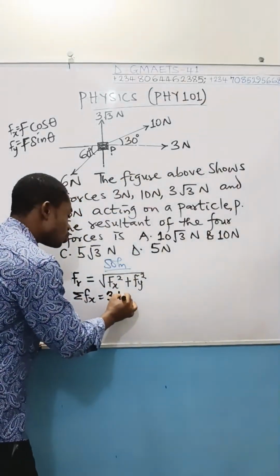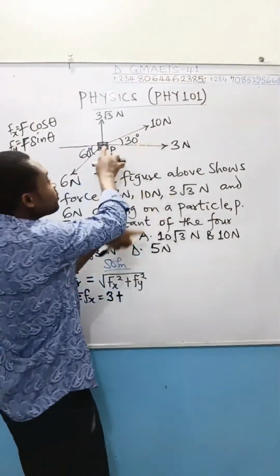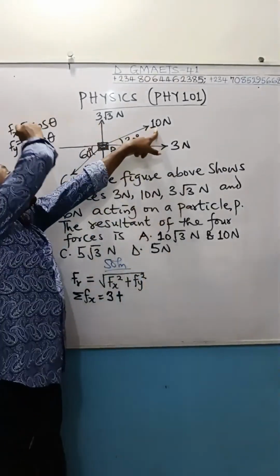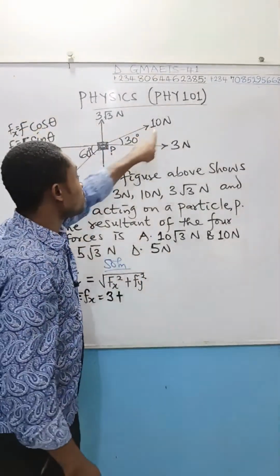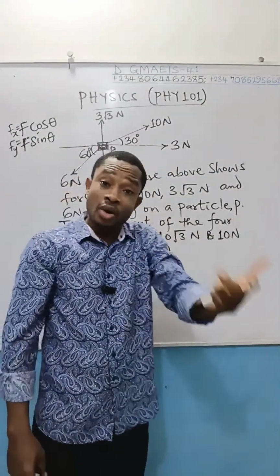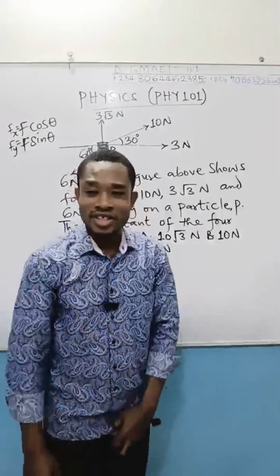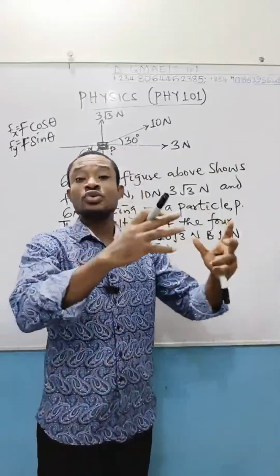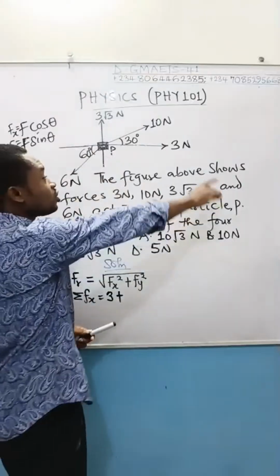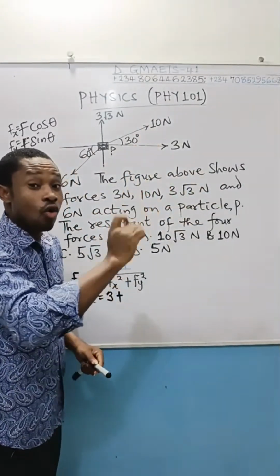I'm going to add it to the value of this force, 10 Newton, resolved along the horizontal. So it's going to be 10 Newton, look at it, F cos theta: 10 Newton times cos of the angle it makes with the horizontal axis, which is 10 cos 30. And what is the value of cos 30? Cos 30 is root 3 over 2, which means we are going to do 10 times square root of 3 over 2.